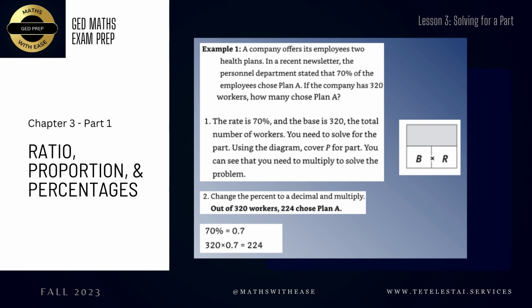And then you just cover whatever proportion it is that you're looking for, and then pay attention to the operation sign, right? So again, here on the bottom is multiplication, and right above on both sides is division.